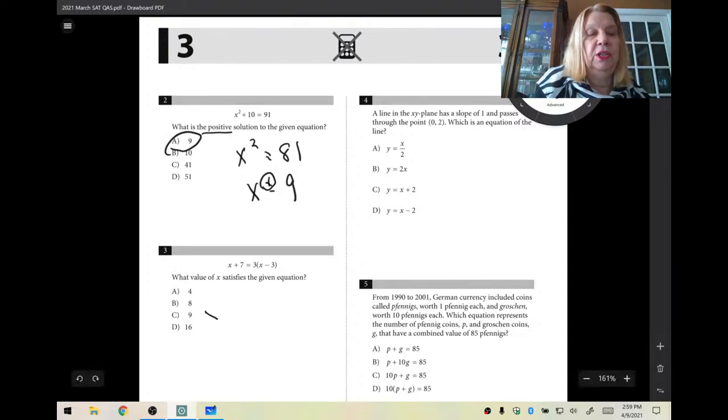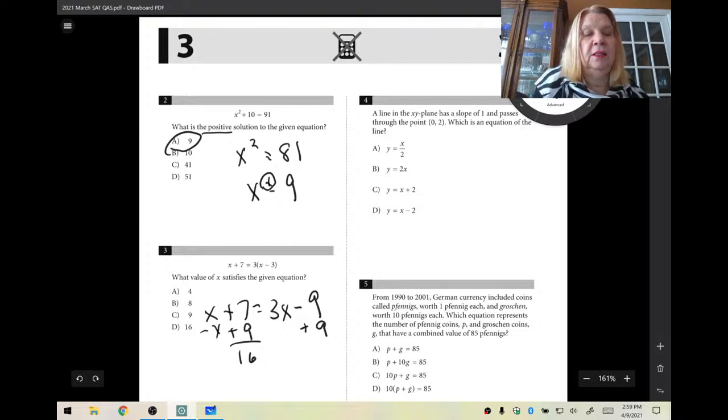So first we're going to distribute the 3. These are still in the easy zone. So we subtract, or we could add 9. Subtract an x. So 2x is 18, so x is 9.